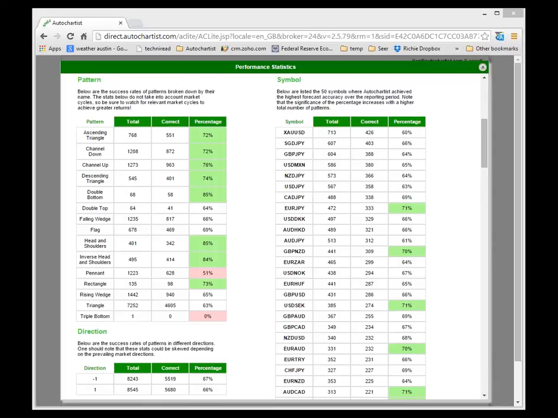Overall, we've identified about 16,000 completed chart patterns over the last six months, of which just over 11,000 hit their forecast level. On average, that's around 67%.